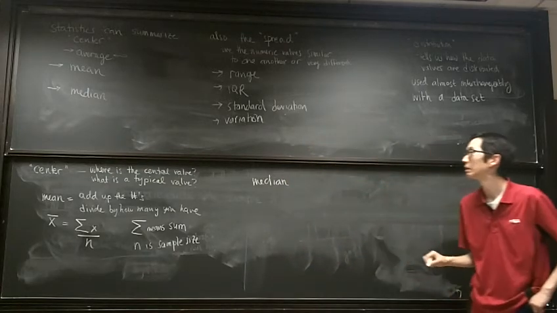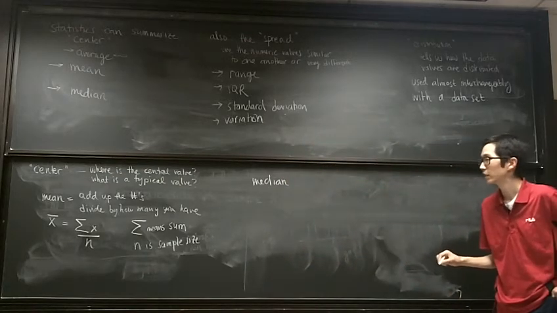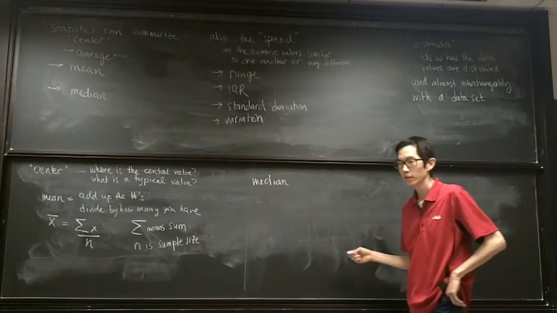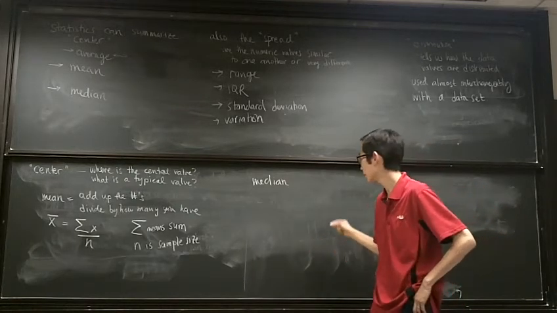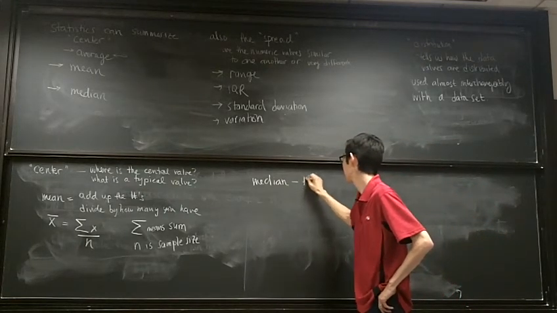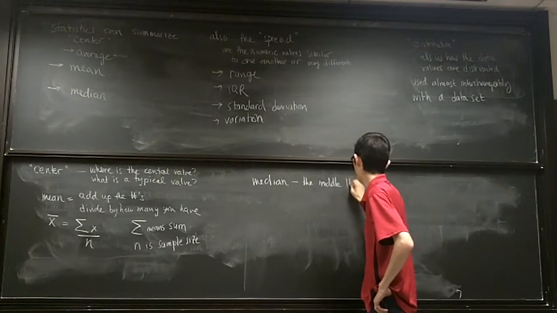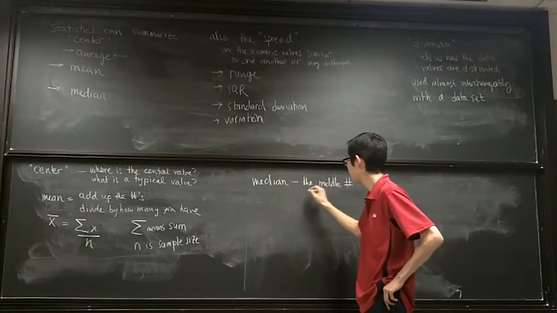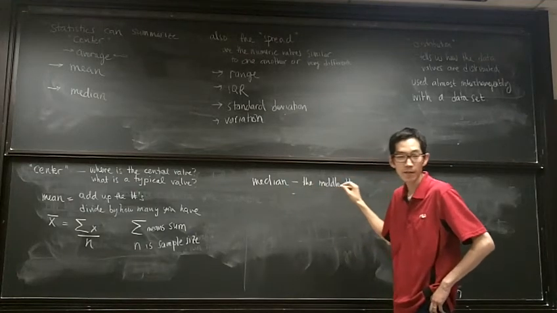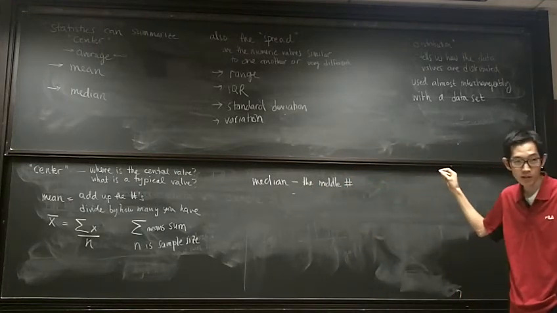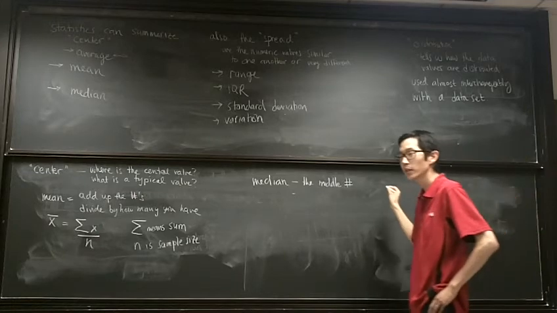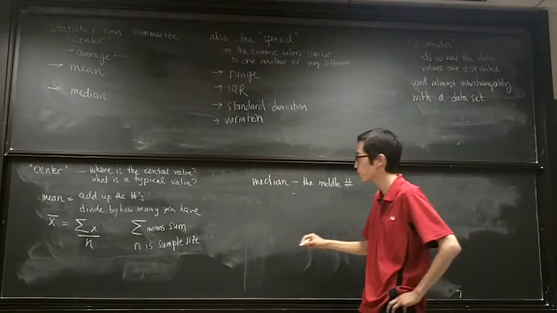Median. The median is the middle number. This is literally the middle number, or middle value. Half of the numbers in the data set are larger than the median, and half of the numbers in the data set are smaller than the median.